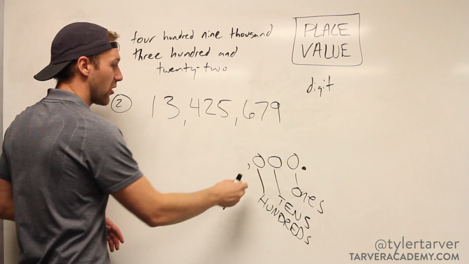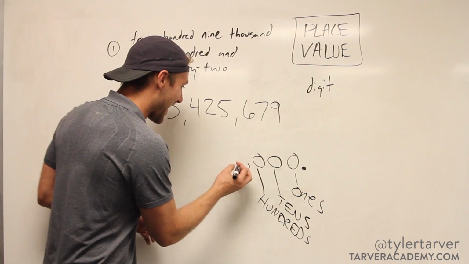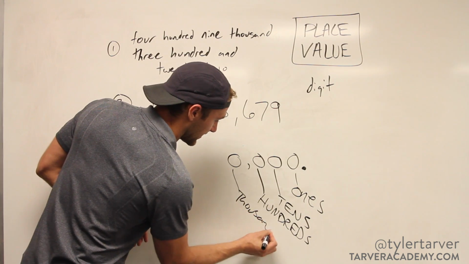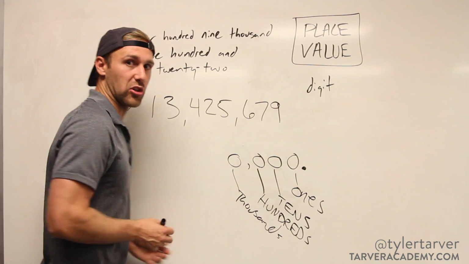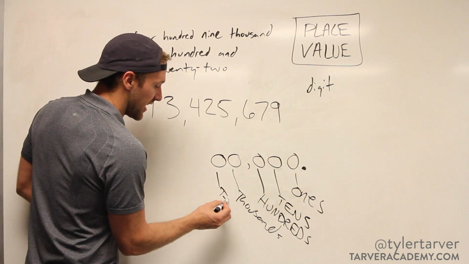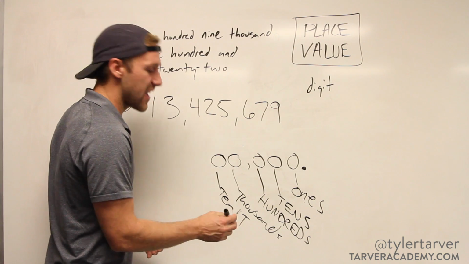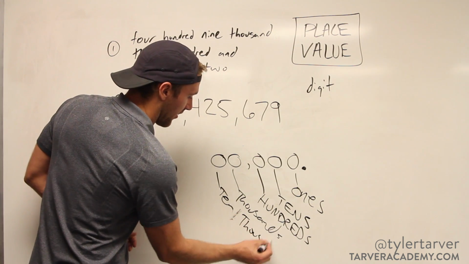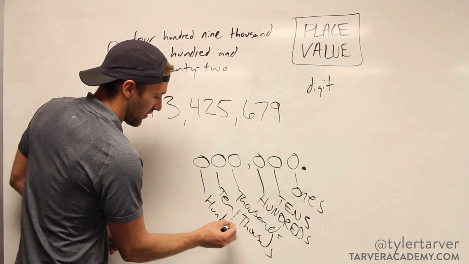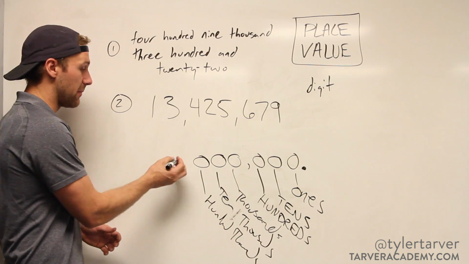So after hundreds, anybody want to take a guess? That's right. That's the thousands area. Here's where it starts getting a little easier. Next one over is the tens of thousands. 10,000s area. And then you've got your 100,000s. What comes next? A number, a digit?